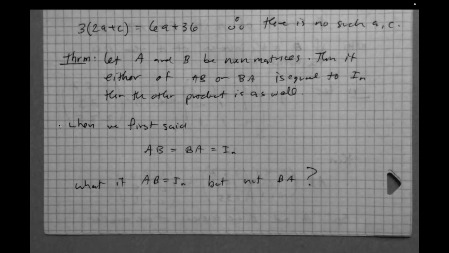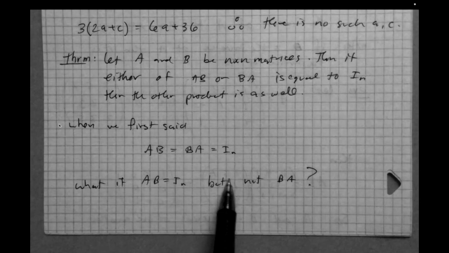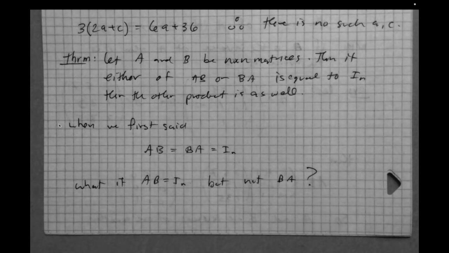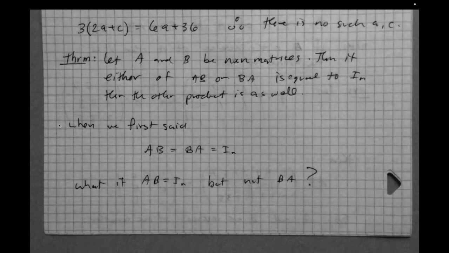That would be a very pertinent question. So what if just one ordering produces the identity, but the other ordering does not? Would B still be the inverse of A if just one of them is true but not the other one? Well, this theorem is directly addressing that. It's saying, look, if either of them is equal to the identity, then the other must be.